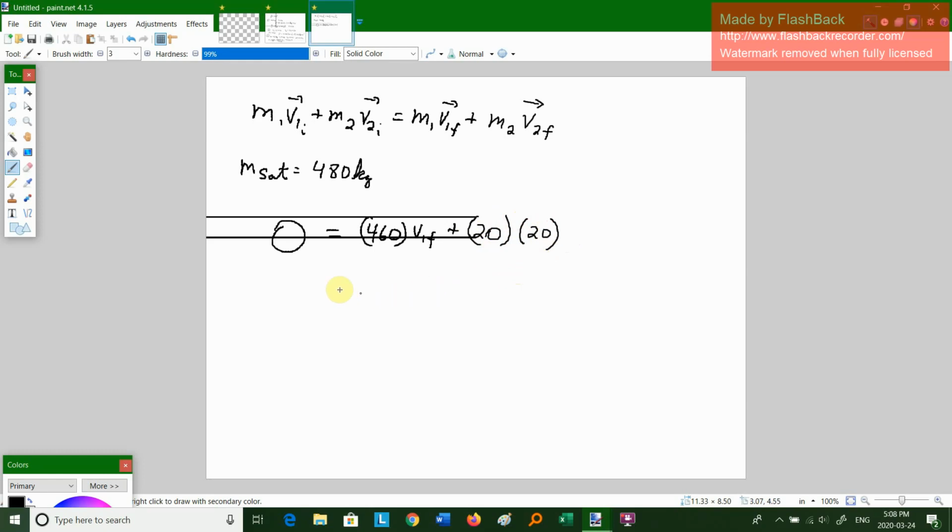Then my v1 final would be 20 times 20 divided by minus 460, and I get minus 0.87 meters per second.